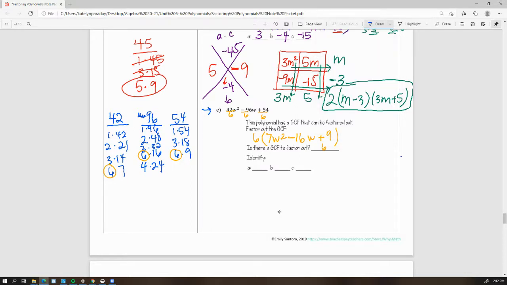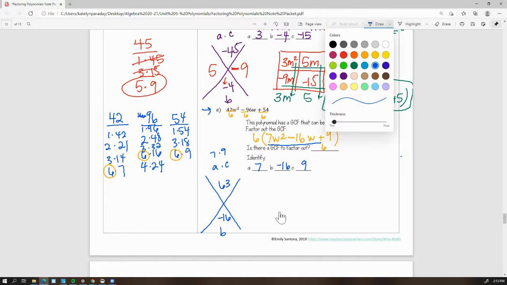So now we focus on this part when we identify A is 7, B is 16, C is 9. We make our X, A times C, B. 7 times 9 is what? 63 and 16. So these numbers are still pretty big.